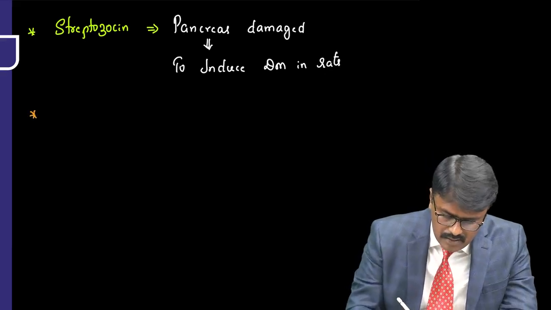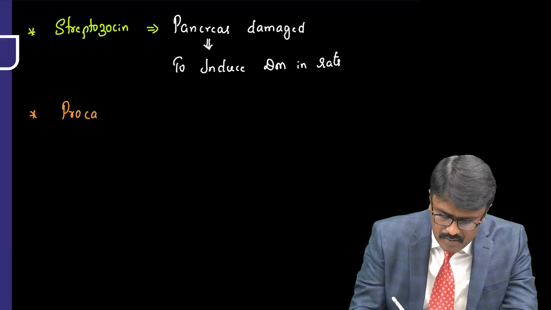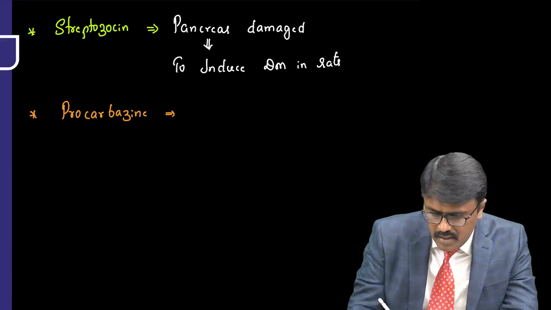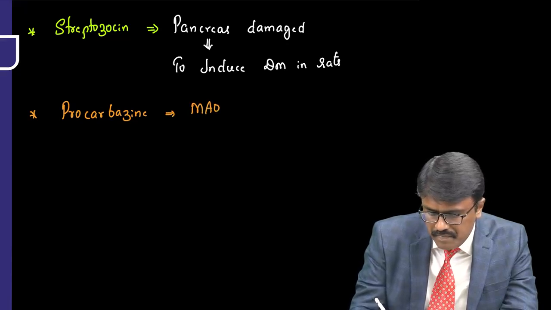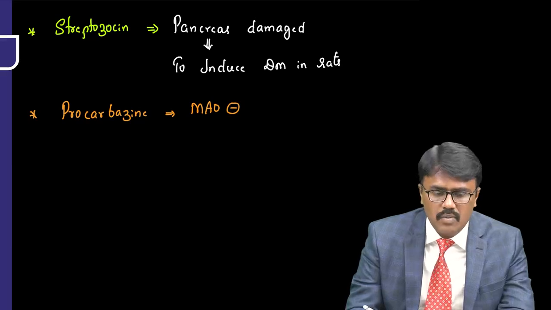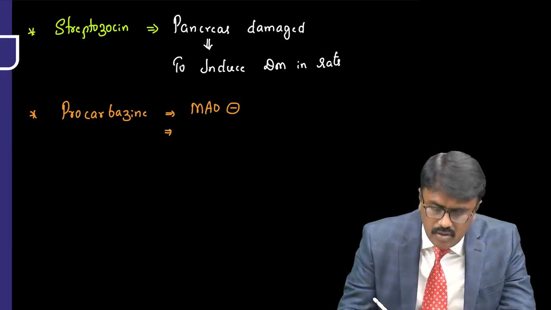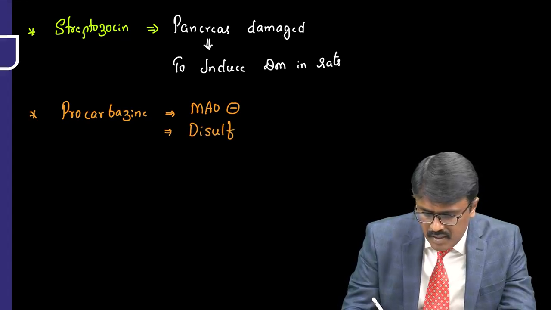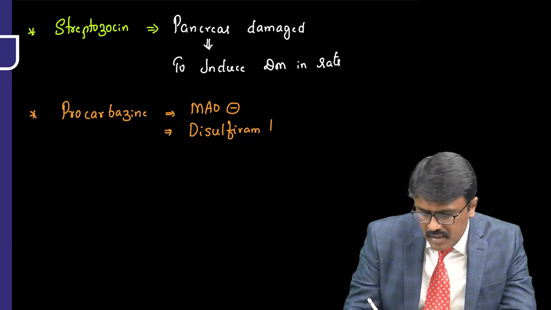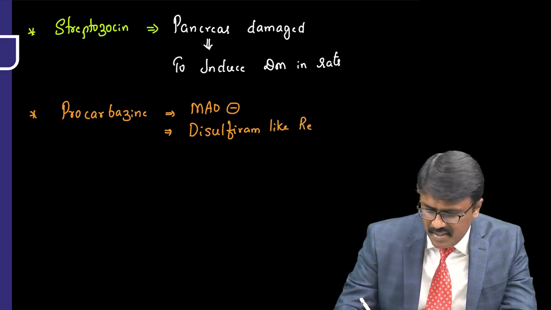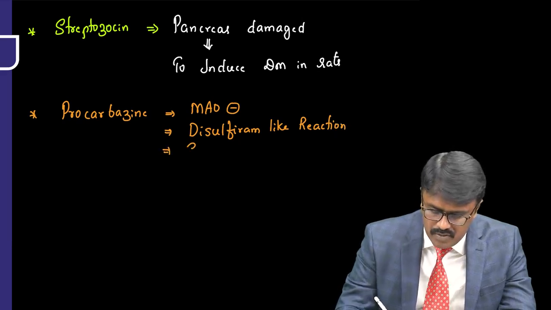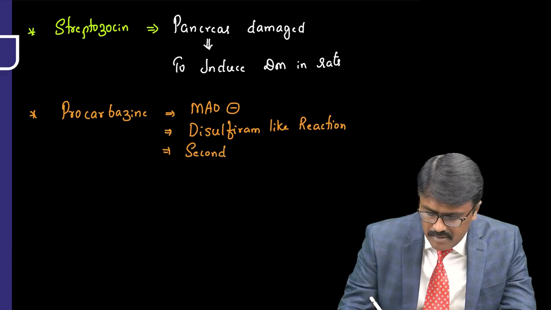Now another drug is procarbazine. Procarbazine's specialty is that it's an MAO inhibitor. So it inhibits the enzyme MAO, and it should not be consumed with alcohol. It can cause a disulfiram-like reaction, and it is also known to produce secondary leukemias.